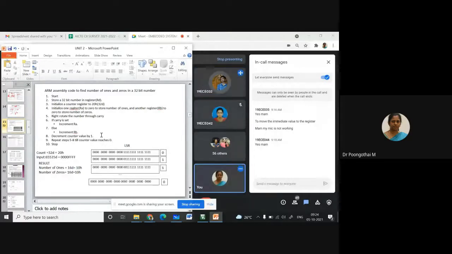Then we compare that number with 0. If it is 0, we'll stop. If it's not 0, we'll repeat that. Yes. After every rotation you have to decrement the count because your number is a 32-bit number. So the counter should have a value of 32. Okay.